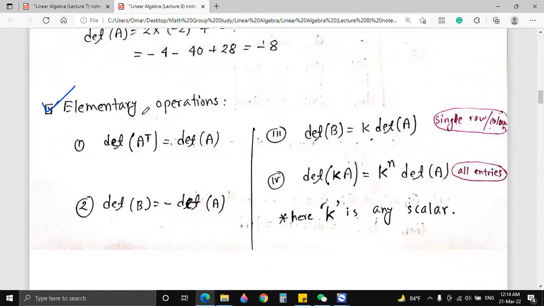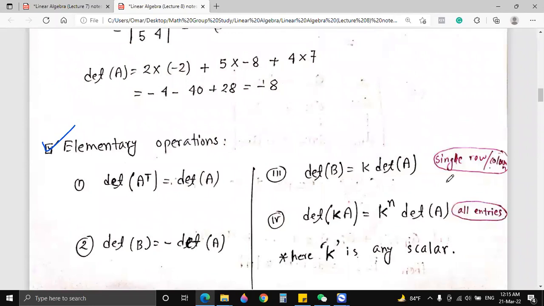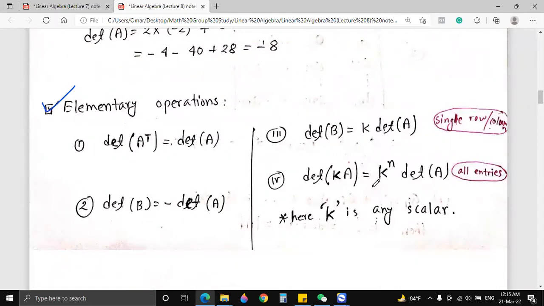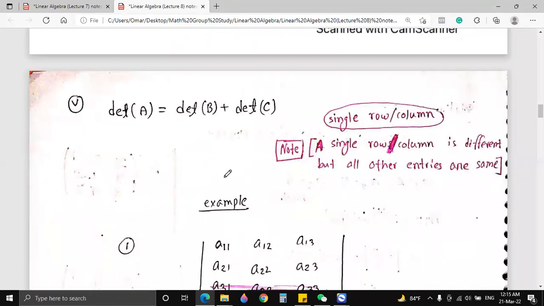Determinant of A transpose is equal to det A. Determinant of B is equal to minus determinant of A. K to the power n determinant of A, where K is a constant. A single row or column is different, but all other entries are the same.